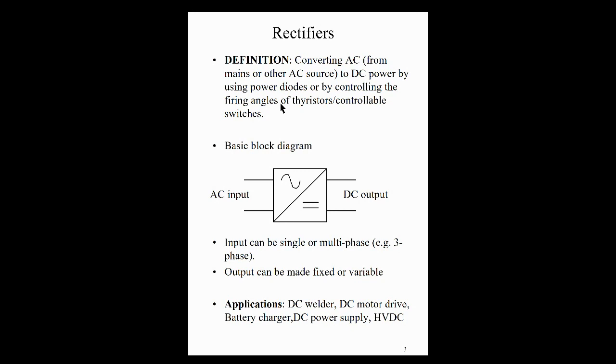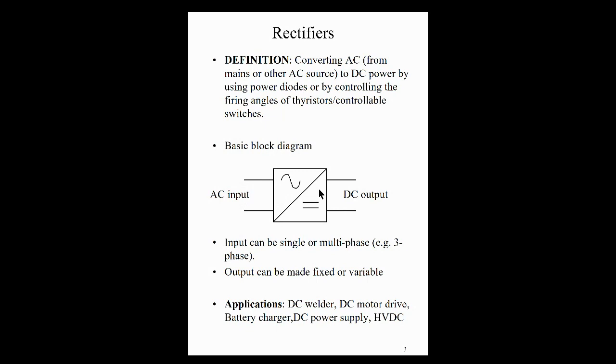So what we have here is just a block diagram. It's a rectifier, we have AC input and our DC output. So the input, as I mentioned earlier on, can be single phase or multi-phase. We'll look at the three phase for this course.